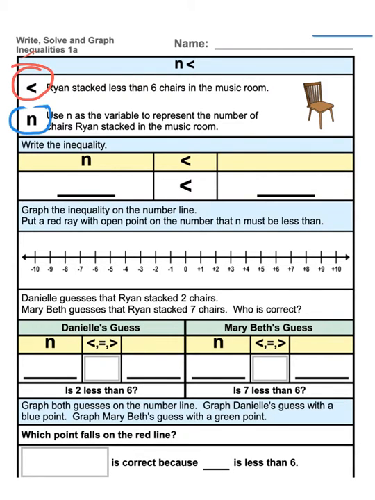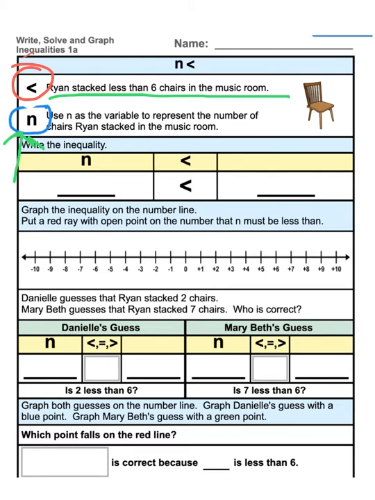Ryan stacked less than 6 chairs in the music room. And that says that right here. And then down here, next to N, it says use N as the variable to represent the number of chairs Ryan stacked in the music room.